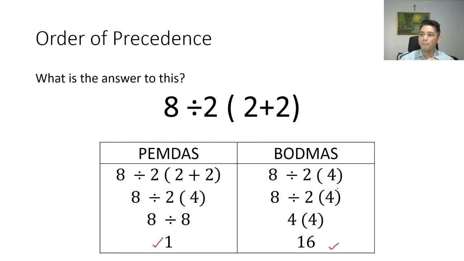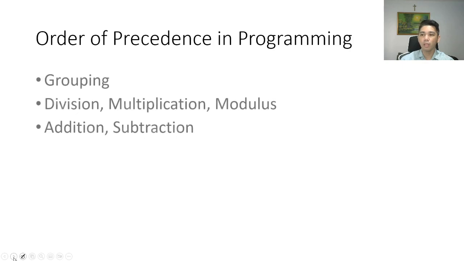Going back, in computer programming, the order of precedence is actually closer to BODMAS. Any computation will be evaluated based on this order. So grouping first, followed by division, multiplication, and modulus, followed by addition and subtraction.